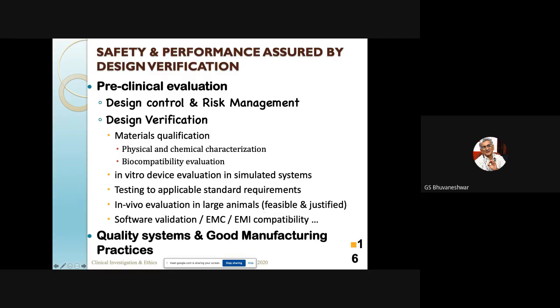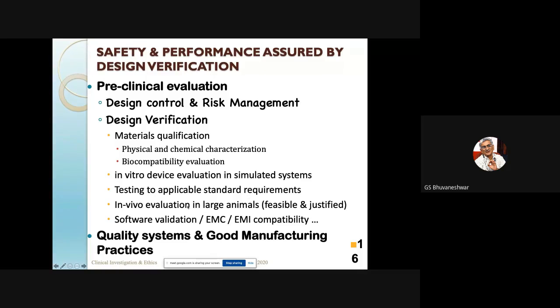Like for a hip implant, you may need a hip simulator to show that your hip will really last for 10 years or 15 years. You may need to test as per various applicable standards. One of the common standards, like say for electronic or instrumentation, is IEC 60601 standards for EMI, EMC compatibility.